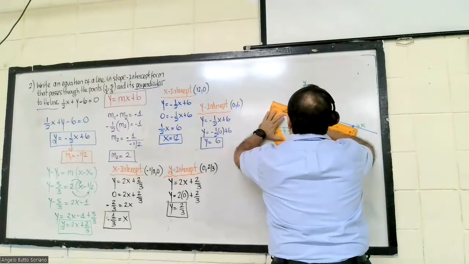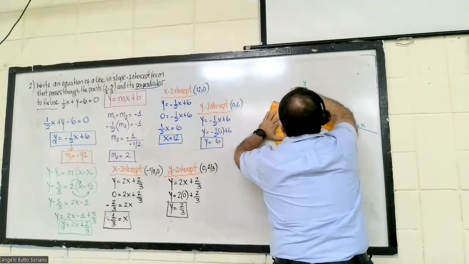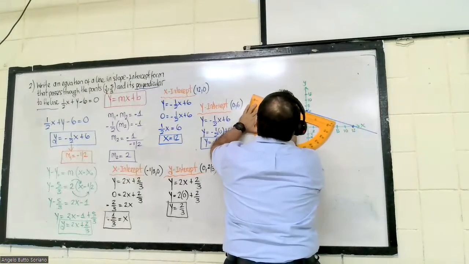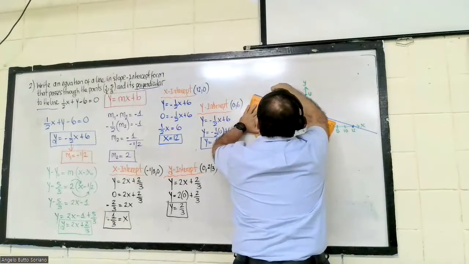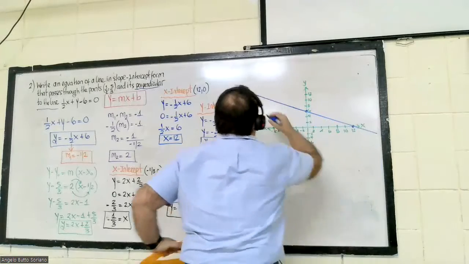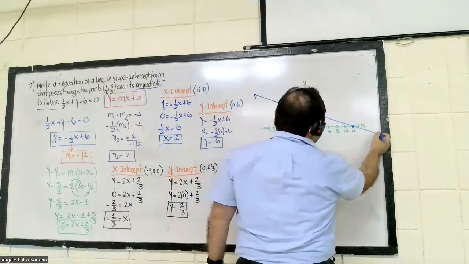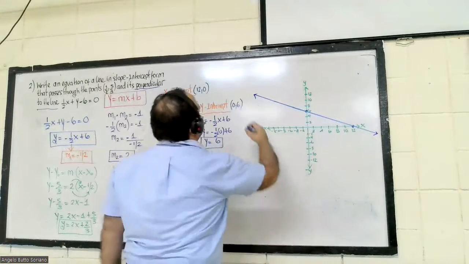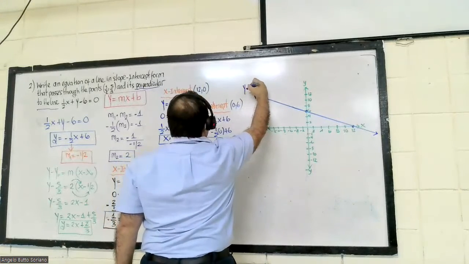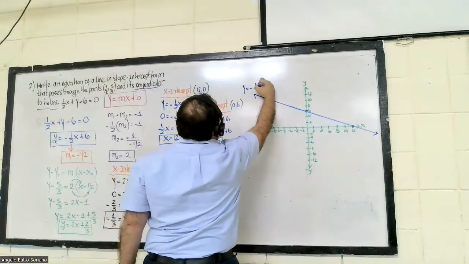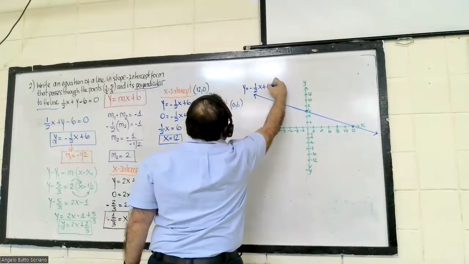Basically, it doesn't matter, it passes through the 2 points. Remember, a line can be drawn with at least 2 points. So this is the line given by the equation y equals negative 1/2 x plus 6.